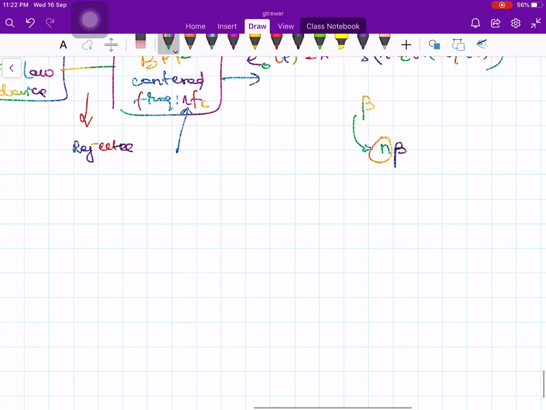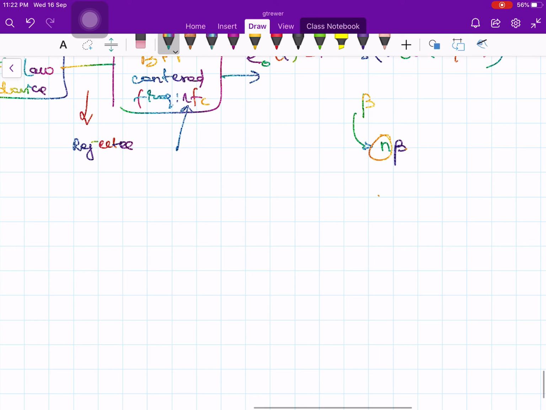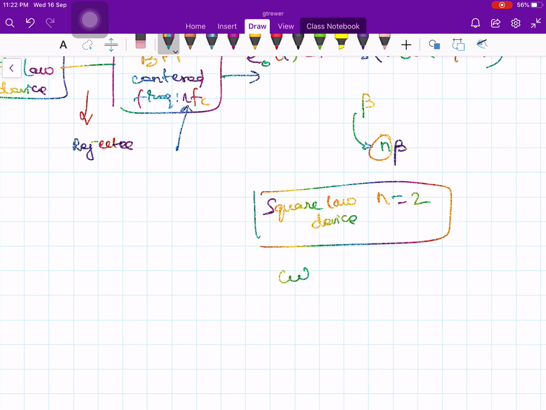If you have a square law device, you will get N equal to 2. If you have a cubic law device, N becomes 3. Usually these frequency multipliers are realized as either frequency doublers or frequency triplers.